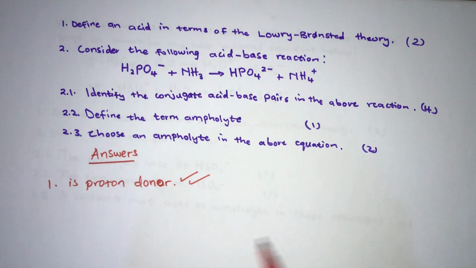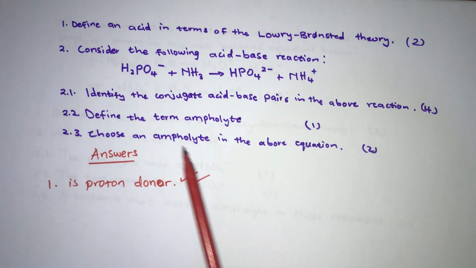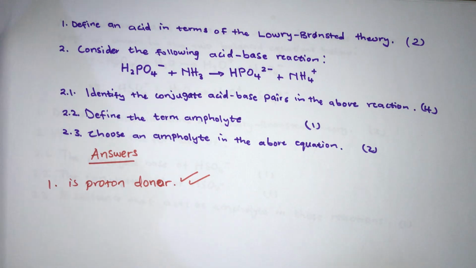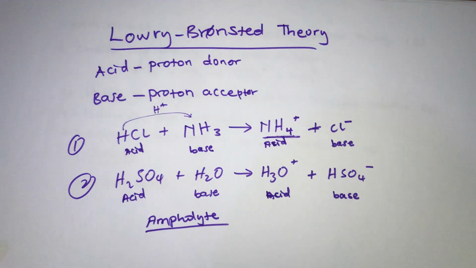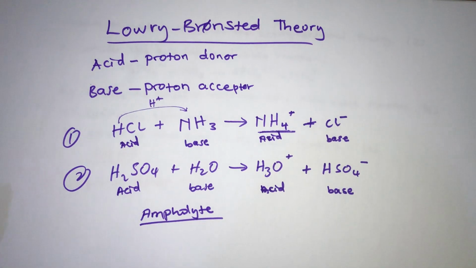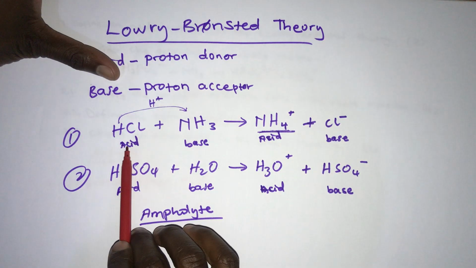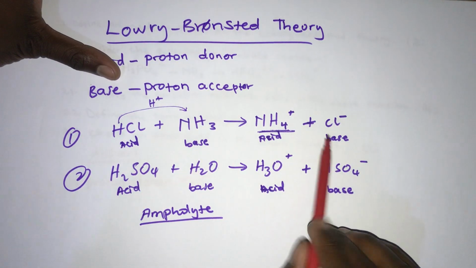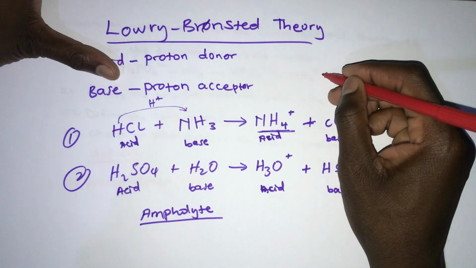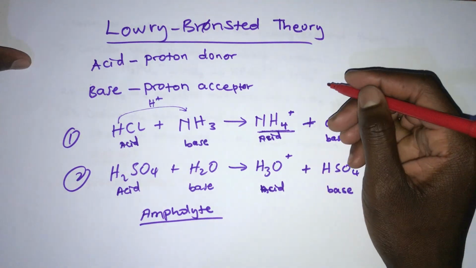Then let's check number 2. Consider the following acid-base reaction. Before we answer these questions, let's go back. I forgot something. Since we have an acid and base, we have what you call a conjugate. Let me open a new page.